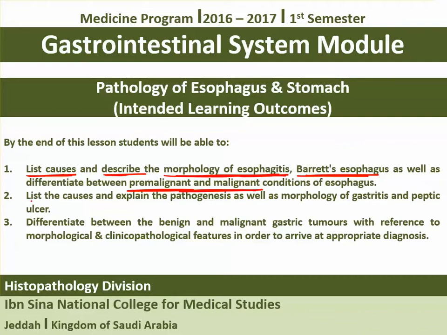The next outcome is you can list the causes and explain the pathogenesis as well as the morphology of two very common conditions in stomach pathology, that is gastritis and peptic ulcer. And you should be able to differentiate between benign and malignant gastric tumors.